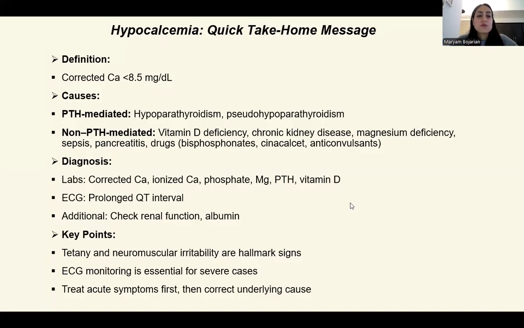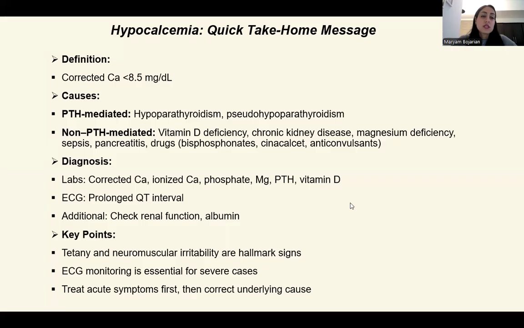PTH mediated means that your patient has hypocalcemia and at the same time has hypoparathyroidism or pseudohypoparathyroidism. And non-PTH mediated means you have a low calcium level and at the same time low vitamin D or vitamin D deficiency, chronic kidney disease, low magnesium level, pancreatitis, or medications, as we talked about before.